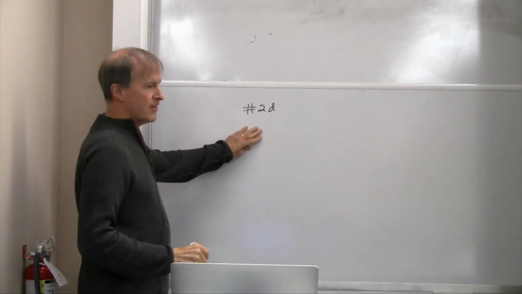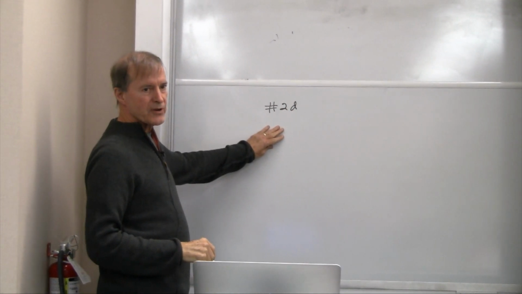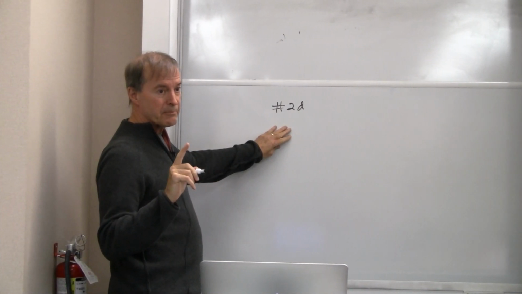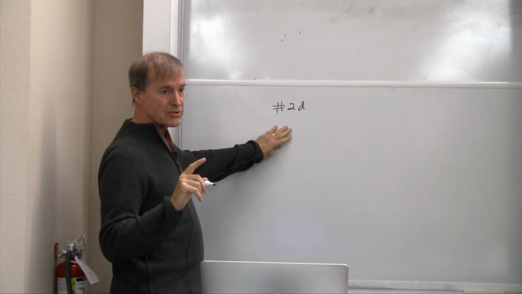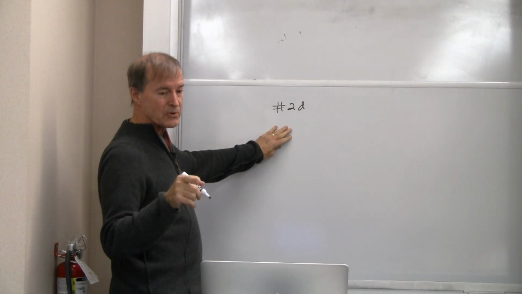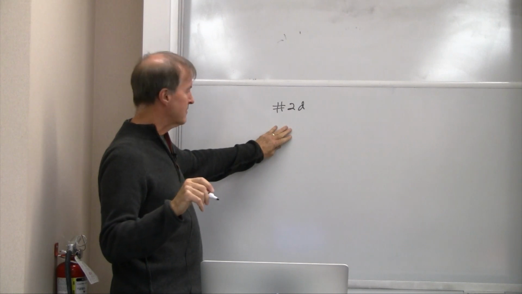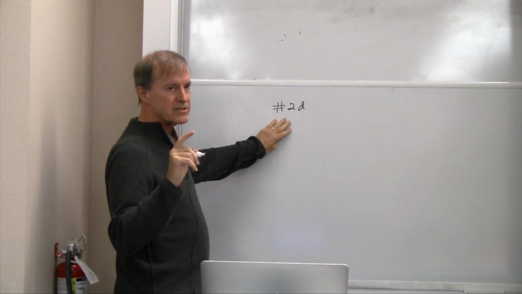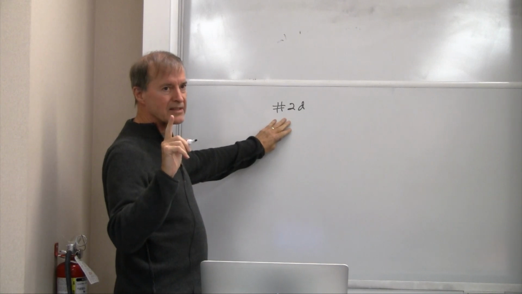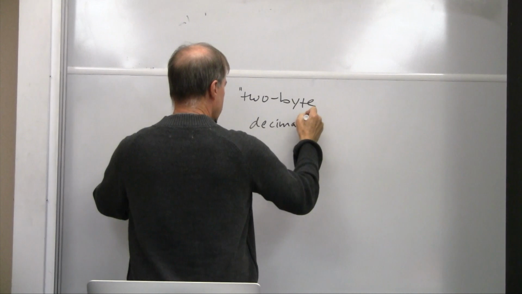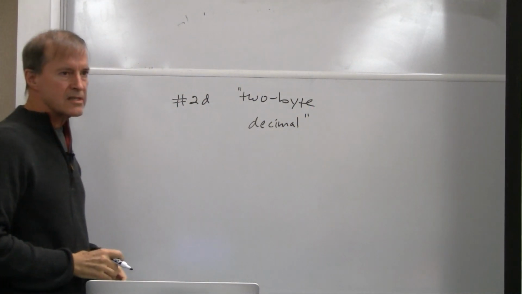This is called a format trace tag, and these are required from now on. Every program that you write is going to have symbols, and they have to be annotated with these trace tags, and we'll demo what this does in a second. But this hashtag 2D means 2-byte decimal.